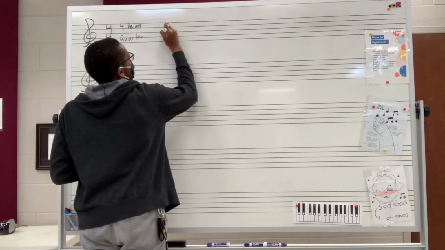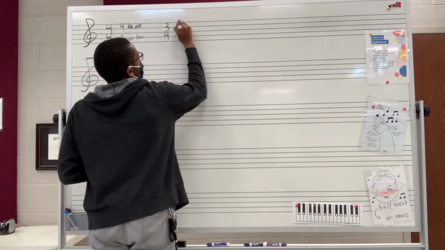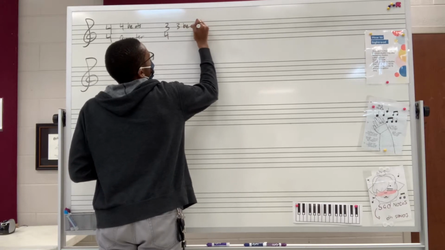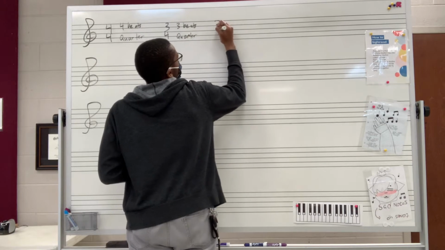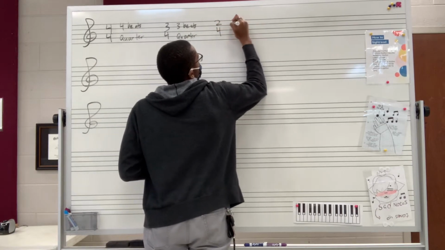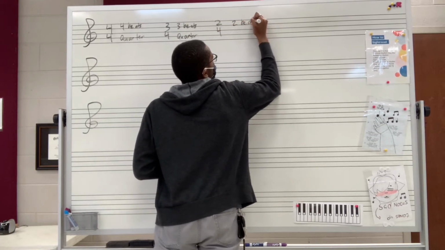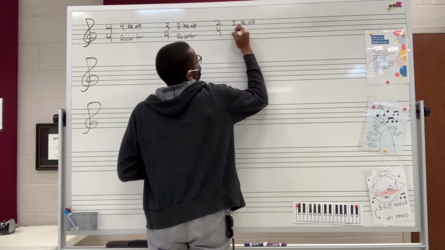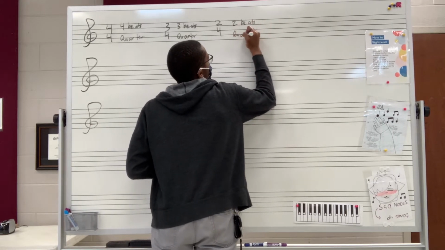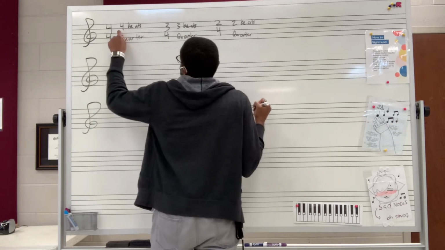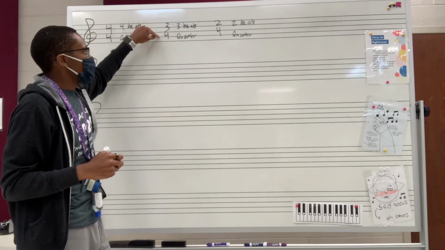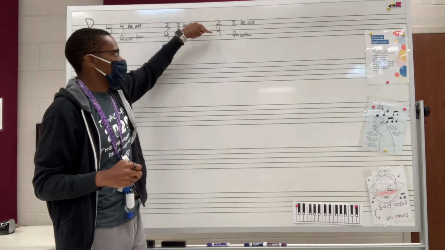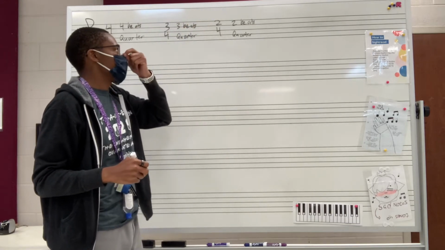You'll probably see 3/4, 3 beats, and a quarter equals a beat. 2/4 you'll see very often. 2 beats per measure, and a quarter note equals 1 beat. So in 4/4 I can have 4 quarter notes in each measure. 3/4, 3 quarter notes in each measure. 2/4, 2 quarter notes in each measure.